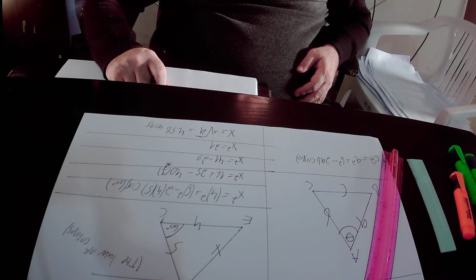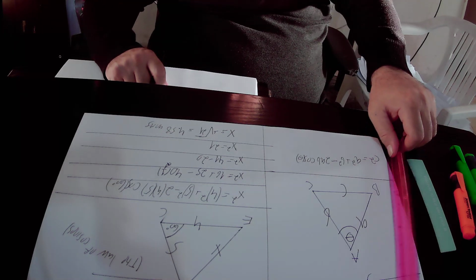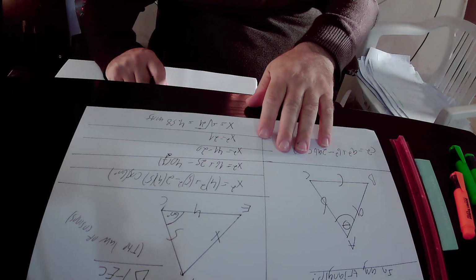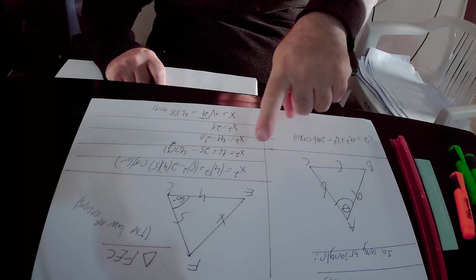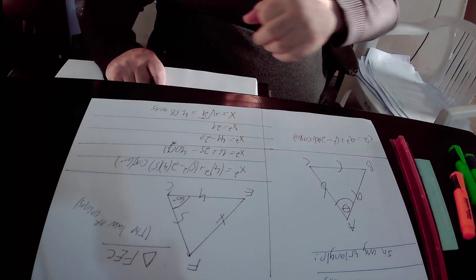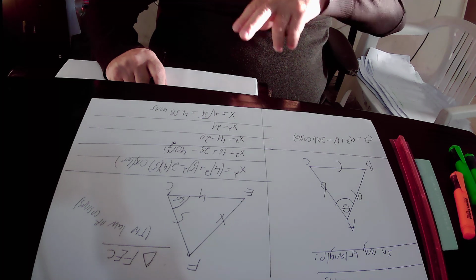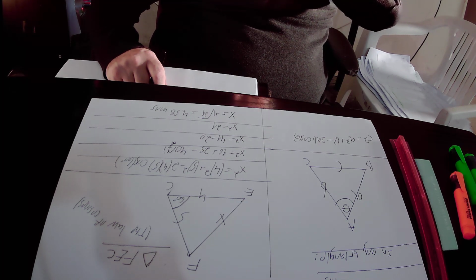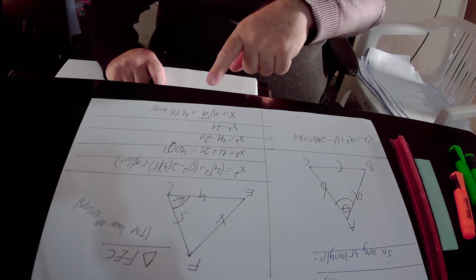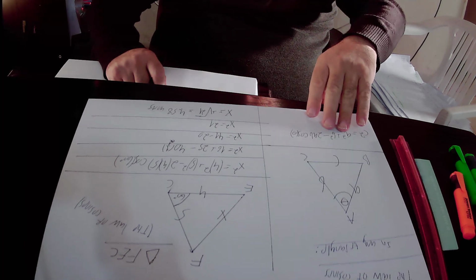And the reason that x equals only the positive root of 21 is because x is a length, and the length must be a positive number. Therefore x equals the positive root of 21, or 4.58 units.